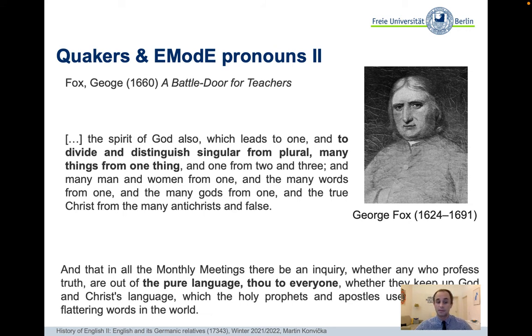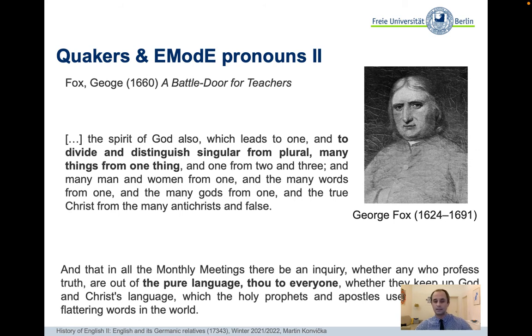And that in all the monthly meetings there be an inquiry whether any who profess truth are out of the pure language, thou to everyone, whether they keep up God and Christ's language, which the holy prophets and apostles used over all the flattering words in the world.